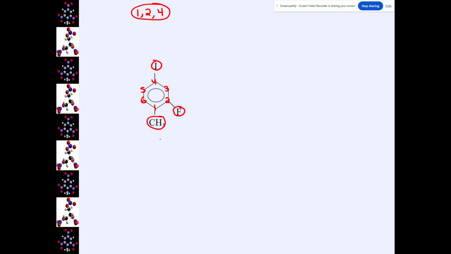So 1, 2, 4. Now I have to name them alphabetically. We have an F, M, and I. So if you write your alphabet on the top of your quiz, A, B, C, D, E, F, G, H, I, J, K, L, M, N, O, P, I'm not going to judge you, okay? Q, R, S, T, U, V, W, X, Y, Z. So like I said, I have an iodo, I have a fluoro, and I have a methyl.